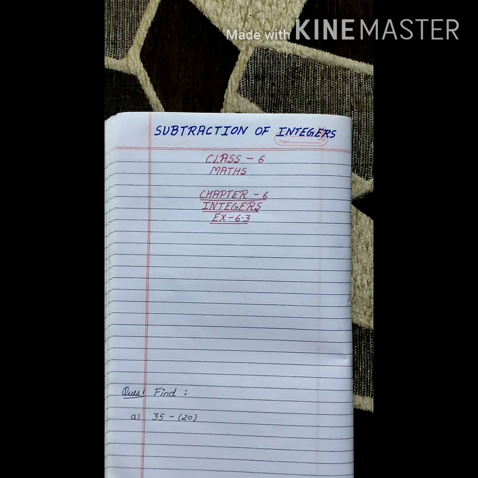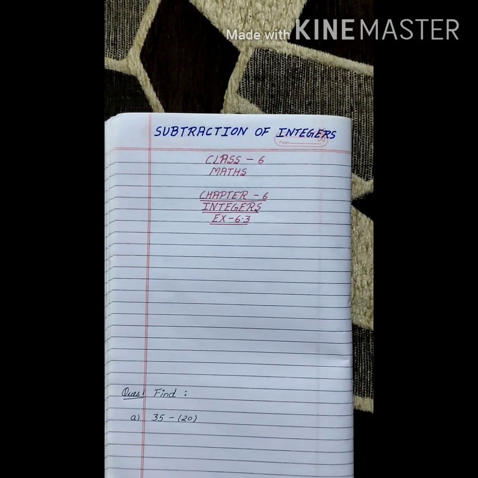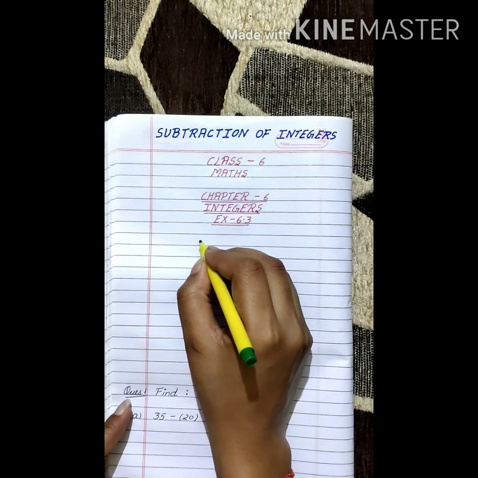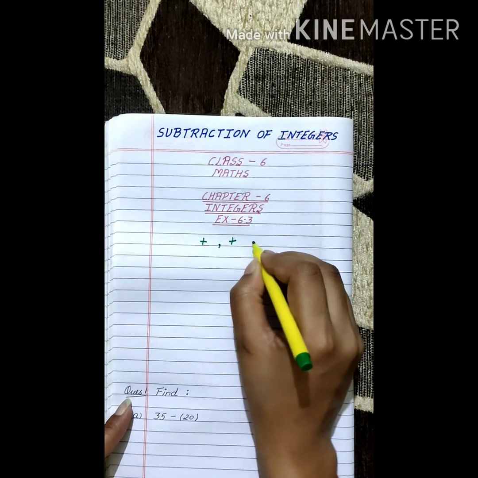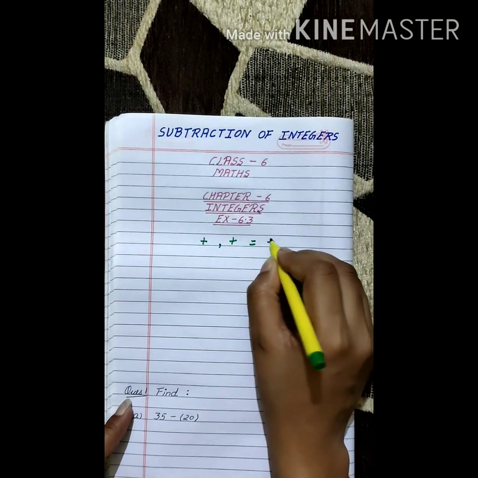In exercise 6.2, we have learned how to add integers. In this exercise, we will learn how to subtract integers. In the subtraction, we will use the same concept of sign that we have used in addition. Let's revise. If we have one positive and another one is also positive, then we will add.